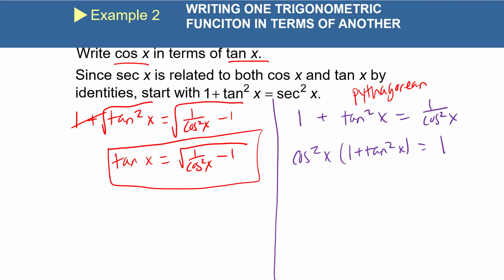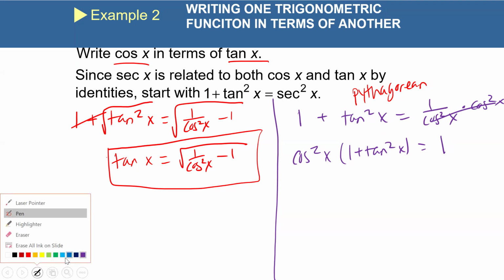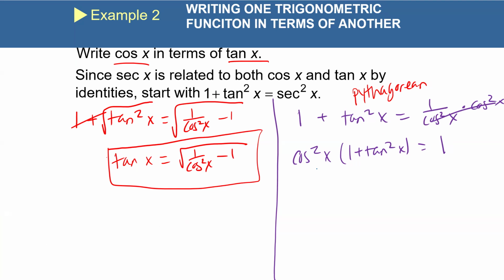Okay, now how do I get cosine by itself? We multiply by cosine squared x. No, we're going to divide. Good job. So I'm going to divide by this guy, 1 plus tan squared x.